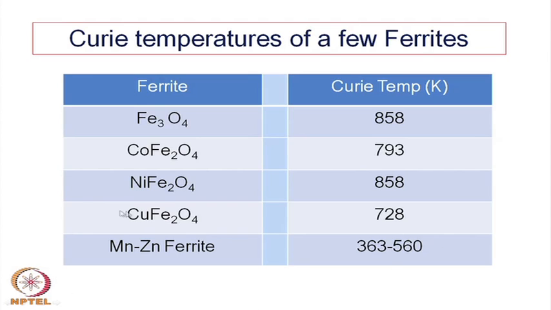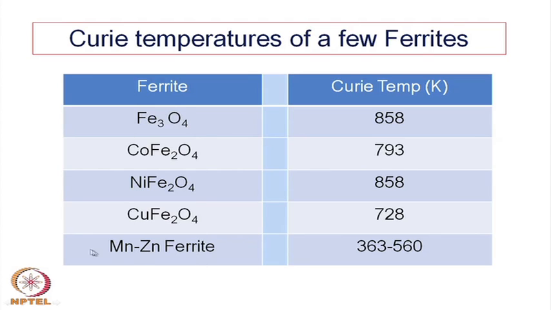Now, one thing one should also remember is that most of these ferrites are used not as a pure ferrite structure, but as solid solutions like this manganese zinc ferrite. So, it is manganese ferrite and zinc ferrite put in solid solution, and they also have similar properties, the ferrimagnetic properties and hysteresis loop and so on, and they are also of importance.